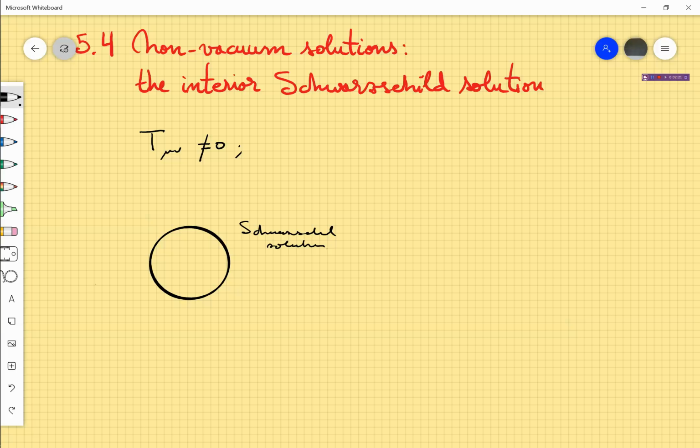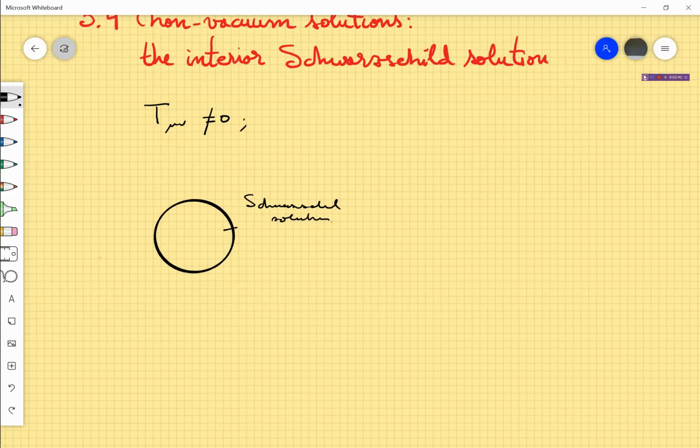Then you compute it inside, and you have to impose boundary conditions here, so you go smoothly from one solution to the other. You glue them together, so you have the complete electrostatic field in the whole space. What we are going to do here for the gravitational field is exactly the same. This is called the interior Schwarzschild solution.